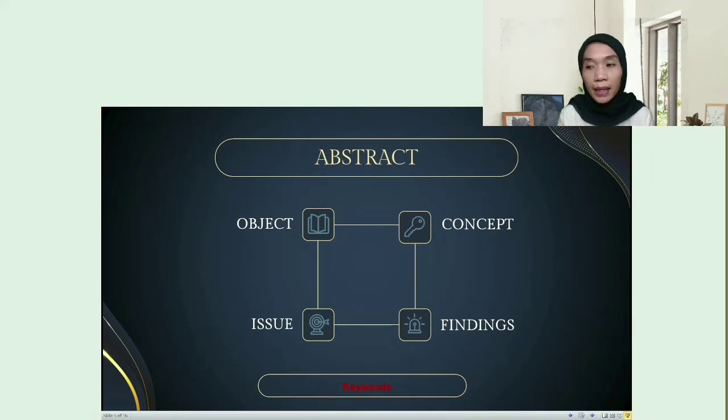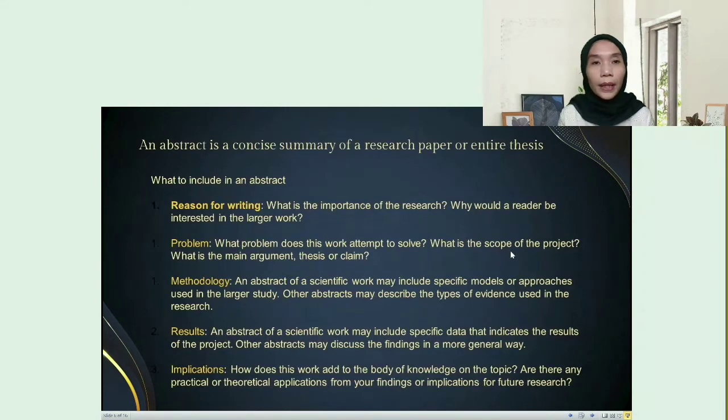Usually in humanities, we have 3 to 6 keywords. Okay, and what's included in the abstract? Here are some questions as guidelines to formulate an abstract. First, the reason for writing, then you have the problem, methodology, results, and implications.